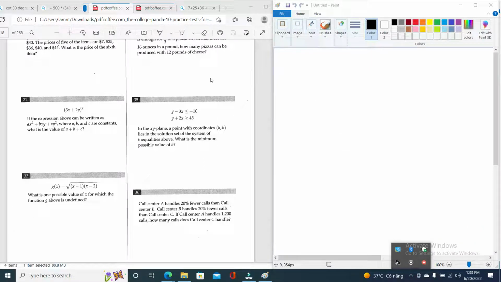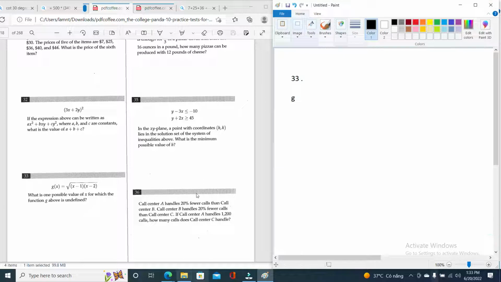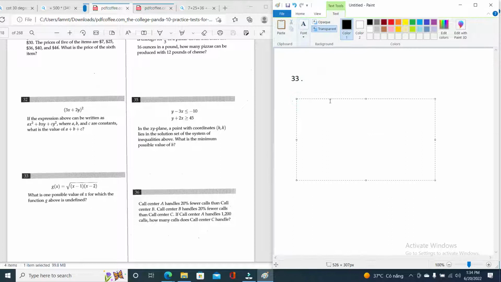Okay. So which impossible value of x makes g undefined? So 33. g of x is going to be equal to the square root of x minus 1 and x minus 2 times each other.